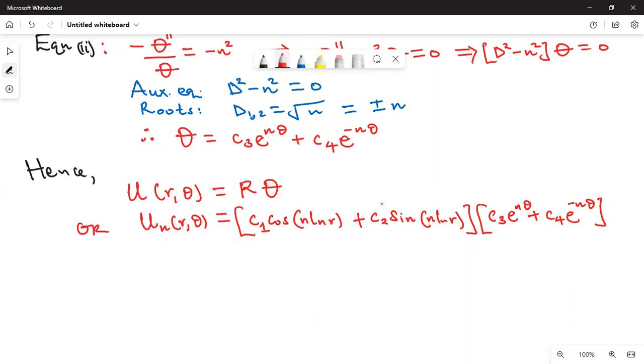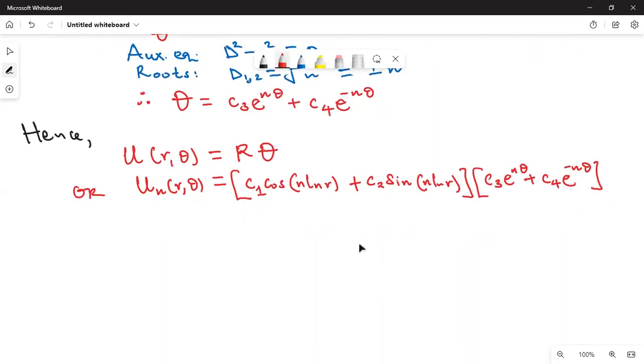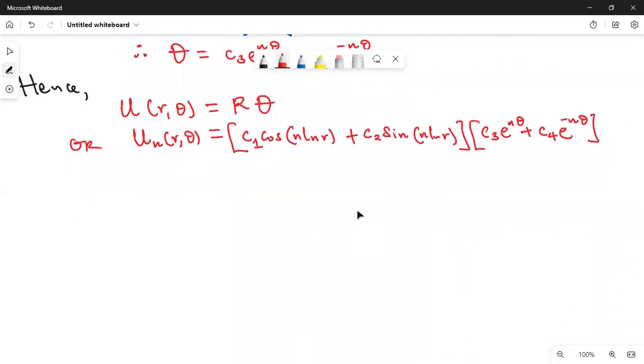So that's why we have u sub n equal to that. And now we can apply the other condition. Remember, we are told the solution is finite when r approaches 0. So let's apply this.